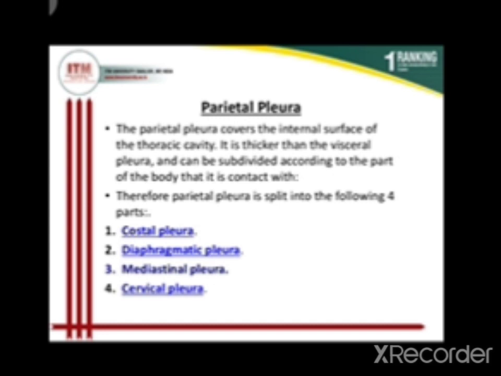Therefore, the parietal pleura is split into four parts: the costal pleura, the diaphragmatic pleura, the mediastinal pleura, and the cervical pleura.